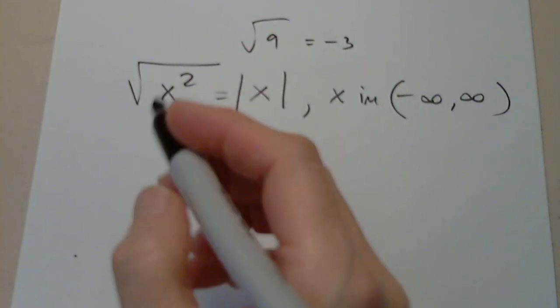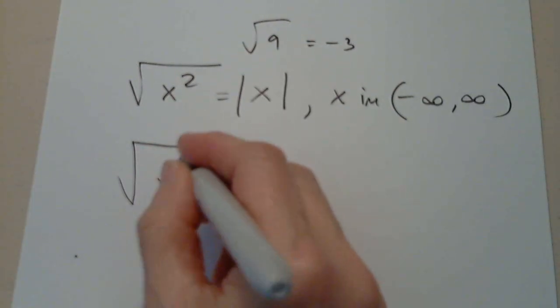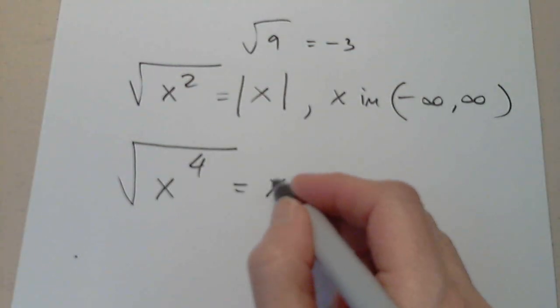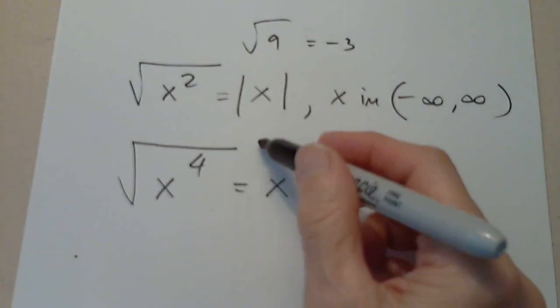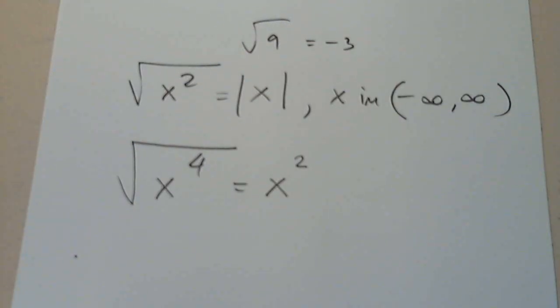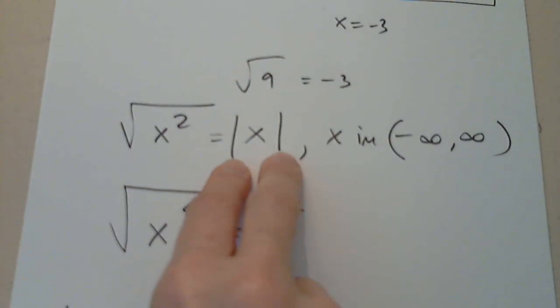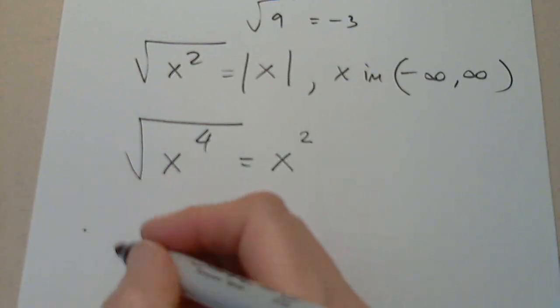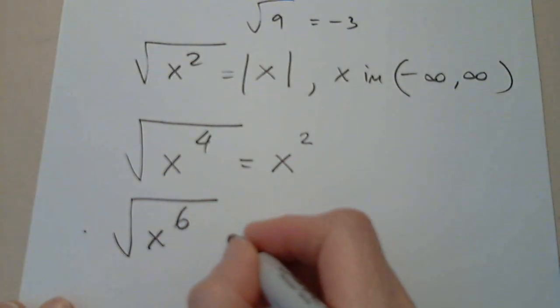Now, if I have the square root of x to the 4th, 4 divided by 2 is x squared. Please do not put the absolute value on x squared. There is never a need to put the absolute value on x squared, because x squared is always positive no matter what. But yes, there is a need to put the absolute value on x for the square root of x to the 6th.